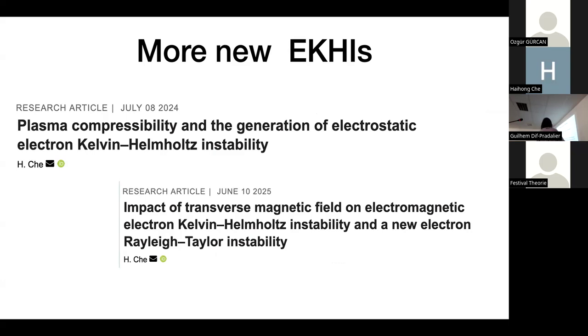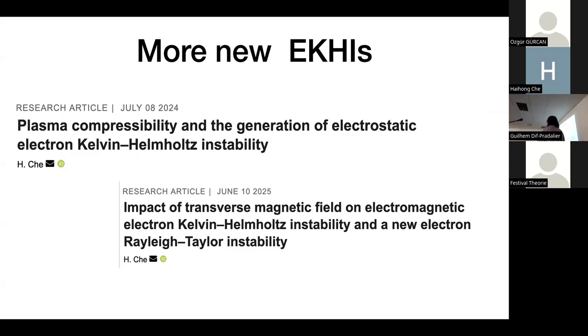For example, if we consider the electrostatic HChe, we found for open space, not confined space such as in fusion where you have boundaries, the electrostatic instability occurs in incompressible plasma. However, for open space, the electrostatic instability can only occur in compressible plasma.